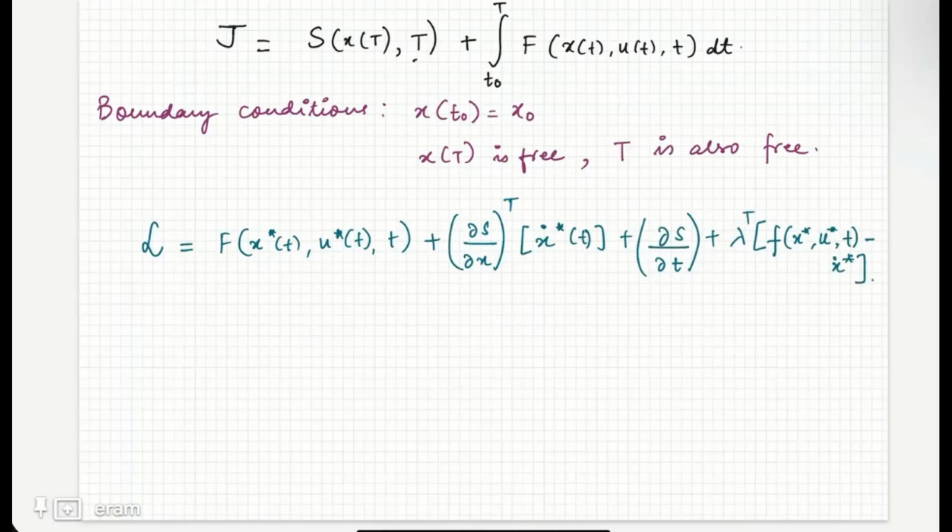Now with this Lagrangian, how will the Euler-Lagrange equation be modified?